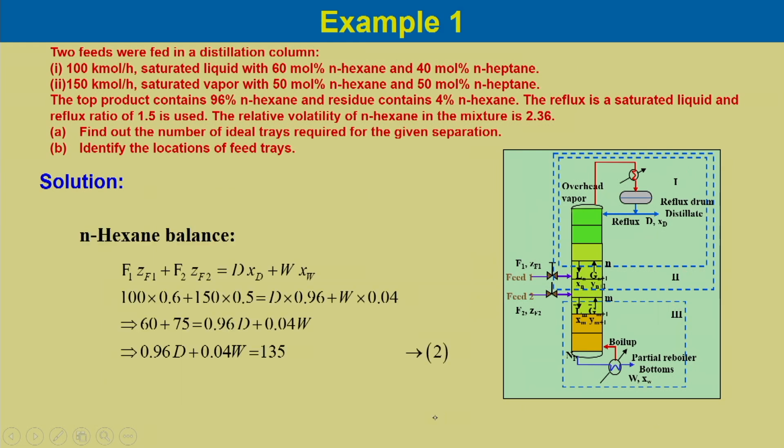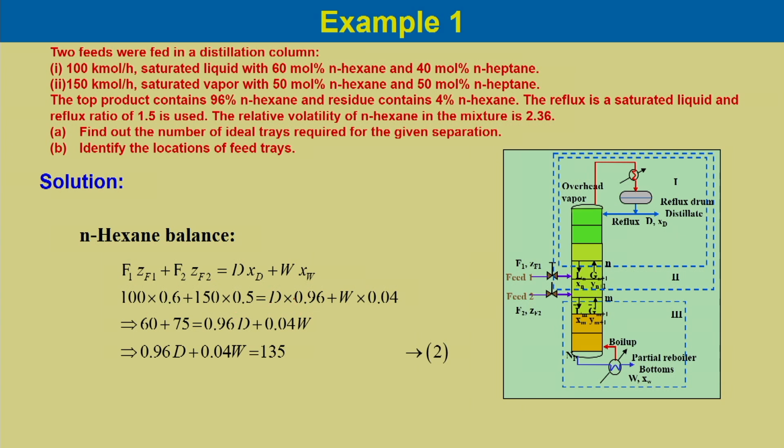Now, if we do the n-hexane balance, it is F1 ZF1 plus F2 ZF2 equals D XD plus W XW. Substituting, it is 100 into 0.6 because feed 1 contains 60 mole percent n-hexane, and feed 2 contains 50 mole percent n-hexane, so 150 into 0.5.